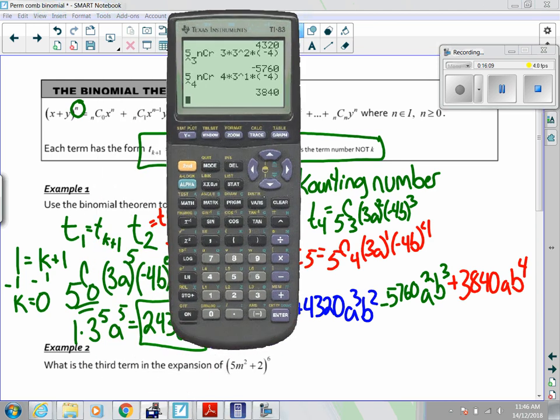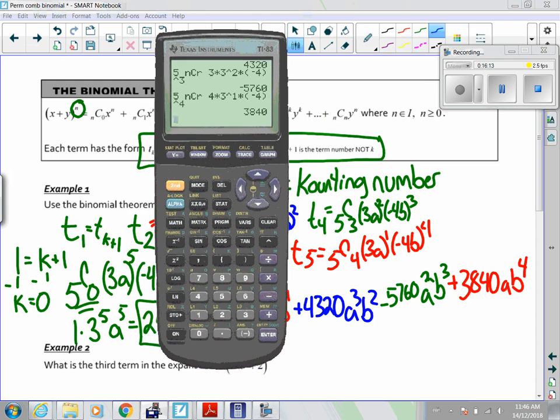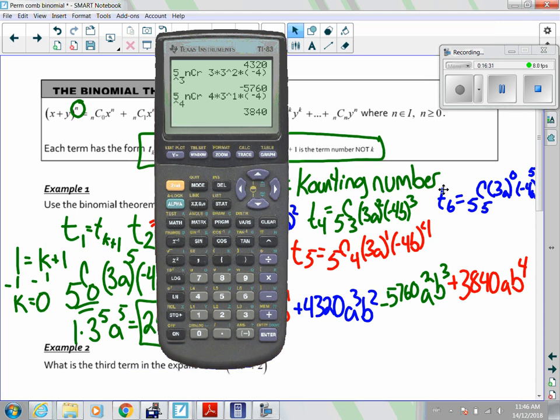What color haven't I used here in a bit? Blue again. So T6 is going to be 5C5, 3A to the 0, and negative 4B to the 5th. So that's just 1. I just have to do negative 4 to the 5th. What is that going to be? 512 maybe?